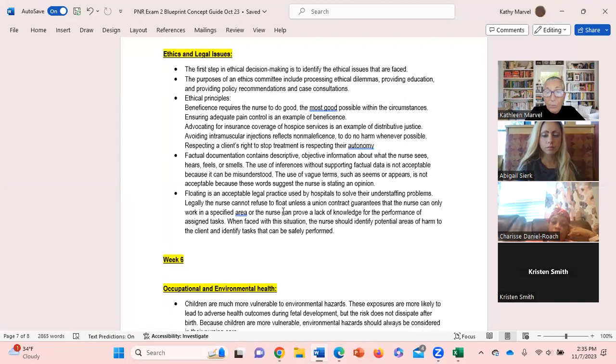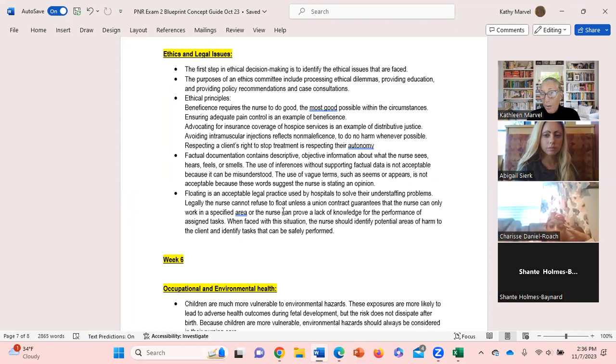However, there's two more. What's autonomy? The principle of autonomy. Think about it. What's autonomy? Oneself. Self-government. Exactly. We advocate for the client to be as autonomous as possible, right?